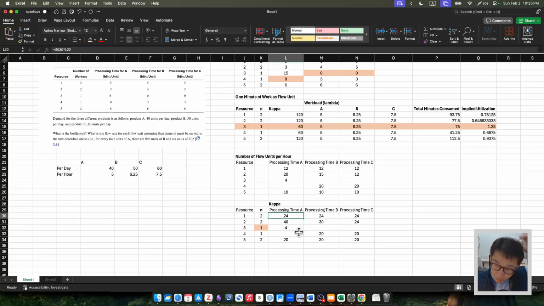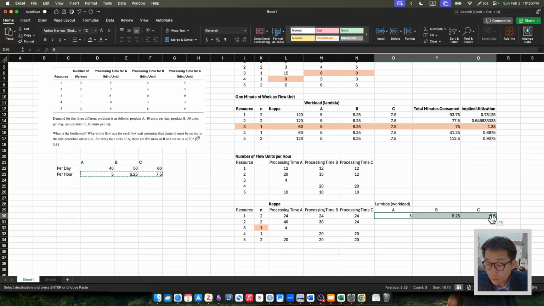I think that is one thing we need to handle with care. Now I'm going to move into the workload, which is the lambda part. Okay, workload. So the per hour workload for A, B, and C is going to be something like this, right?